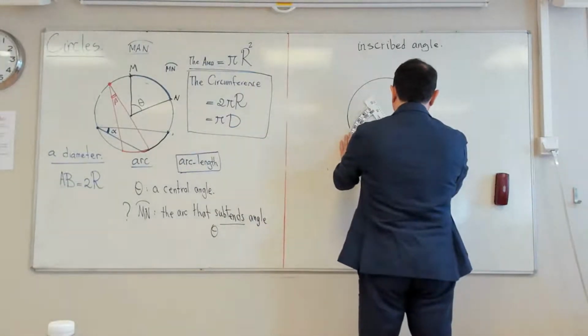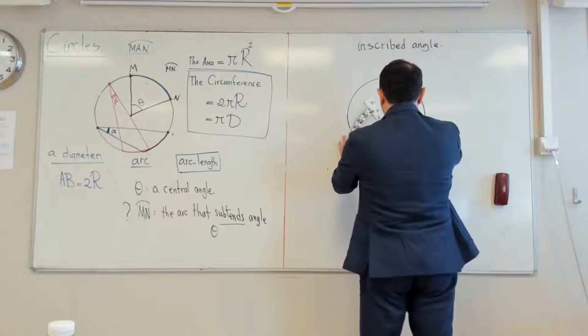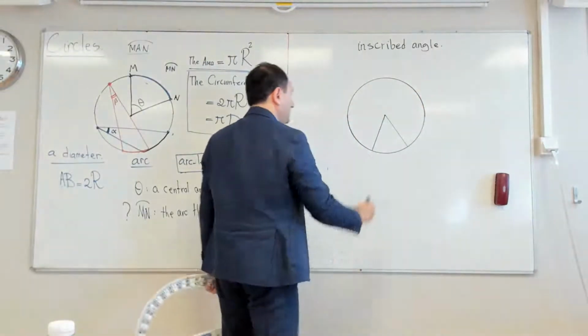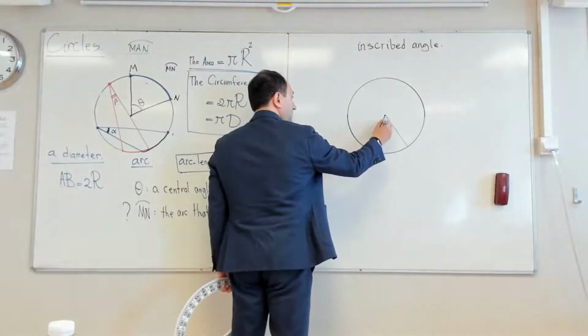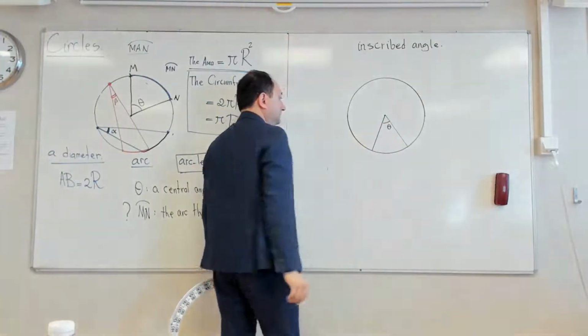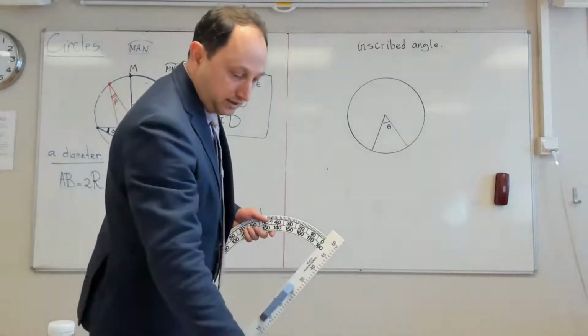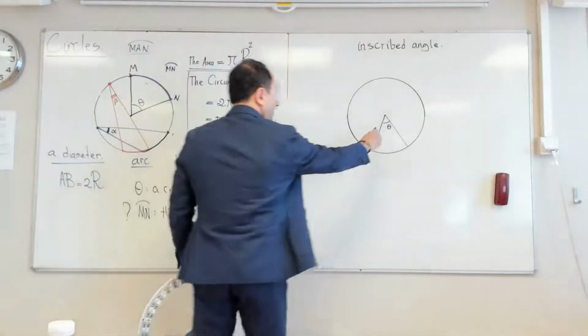Of course, unfortunately, I have to be in a school. Otherwise, teaching it using GeoGebra would be more effective. So assume that this is your angle theta. This is a central angle.